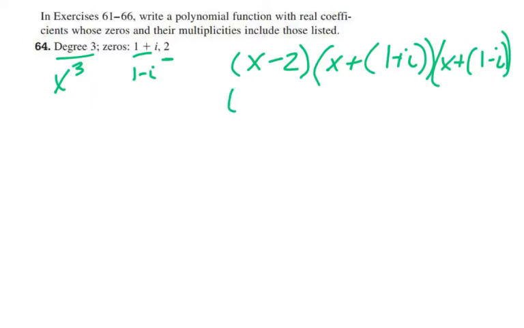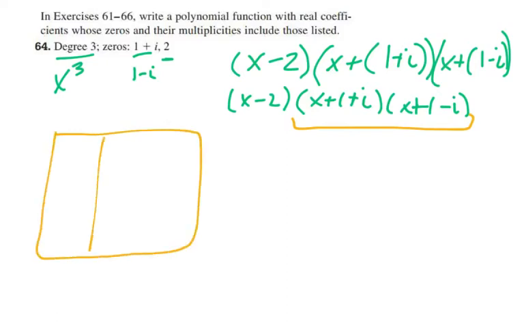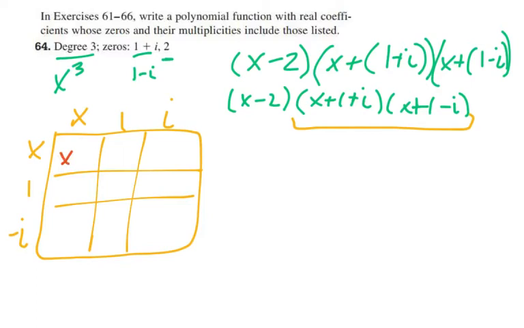So a little easier to look at if we say x minus 2, x plus 1 plus i, and then x plus 1 minus i. Still not that helpful. So how do we make this into real coefficients? Because i is not real. We would multiply these two pieces. So if we get ourselves a 3x3 box and put x, 1 and i, and then x, 1 and negative i, we can get all of our pieces of how they multiply.